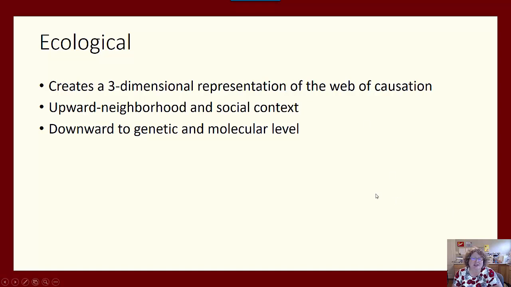An example of this would be cancer, where we would look at certain genetic markers like in breast cancer, or certain molecular changes that lead to cancer or other problems, and then looking at the person and then going up to the neighborhood and where people are living, environmental exposures, and other issues. So this is a more comprehensive approach and model.